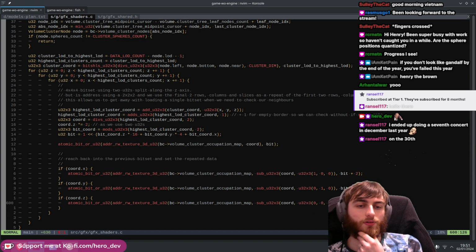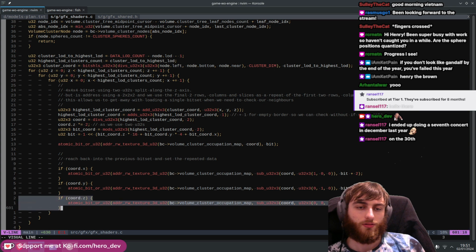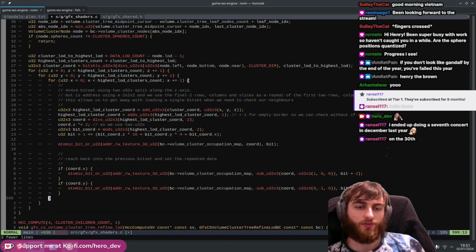Yeah, because it's split along the Z-axis, Z 0 and 1 will be different, but then like 2 would basically be the same as 1, right? And 3 would be the same as 4. Yeah, that's what I was thinking. So effectively, we don't need to repeat the Z. We just have to sample it differently or something like this. Just gotta make sure these coordinates all make sense now.